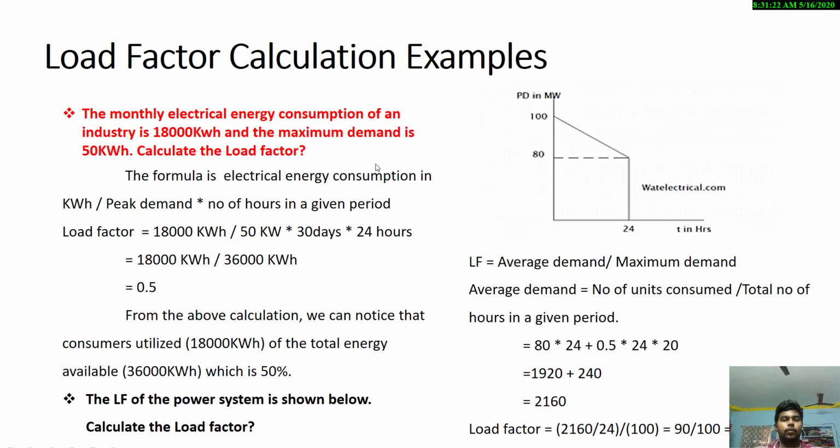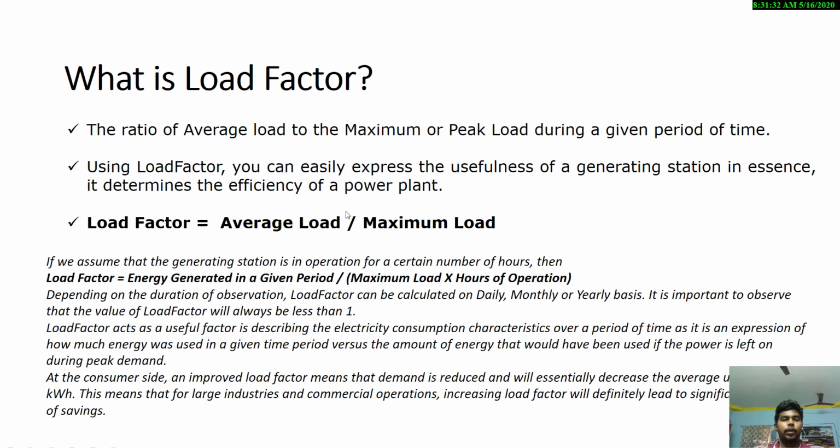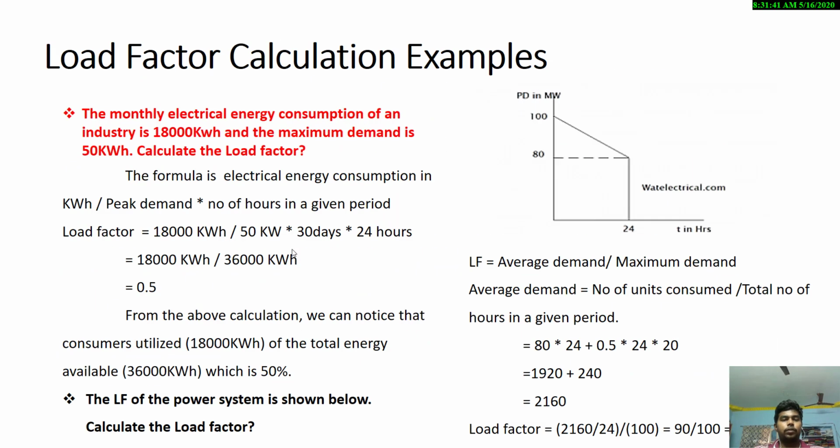The formula is energy consumption in kilowatt hour divided by peak demand times the number of hours in a given period. This is what we have seen here, that is, energy generated in a given period divided by peak load or maximum load times hours of operation, which is equal to 18,000 kilowatt hour divided by 50 kilowatt, since the peak demand, or maximum demand, is also given.